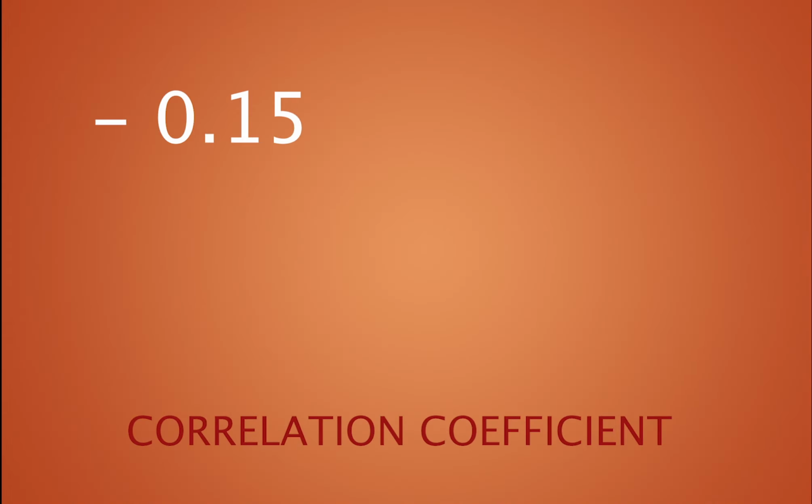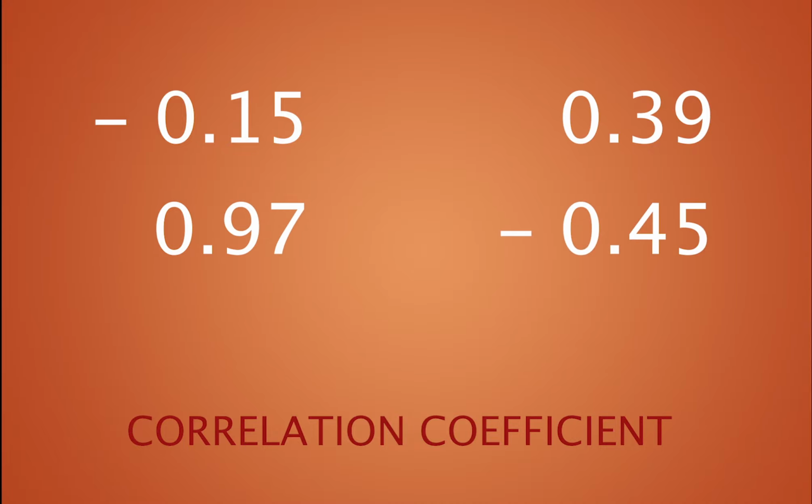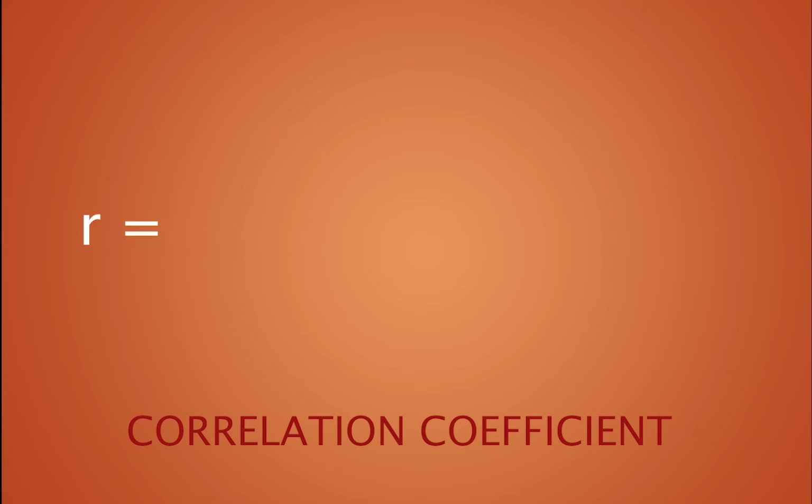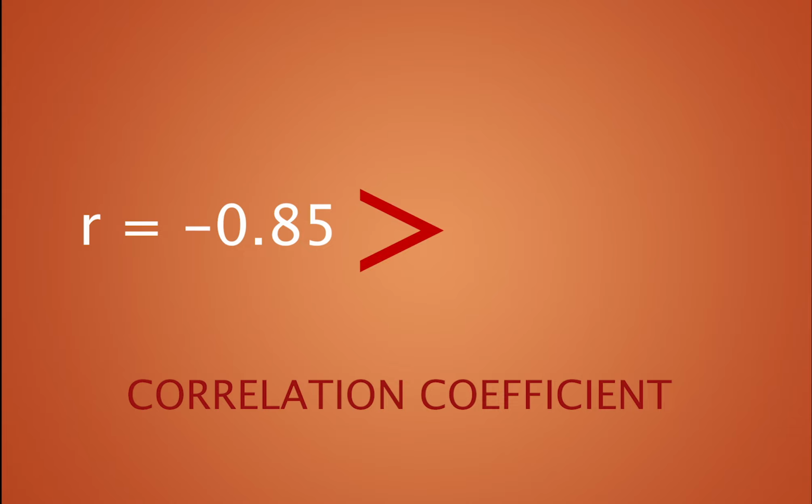If we compare different correlation coefficients, we need to keep in mind that it's the strength that we are looking at and not the type or direction. So if we had an R value, let's say R is -0.85, that correlation coefficient would be greater than 0.62.